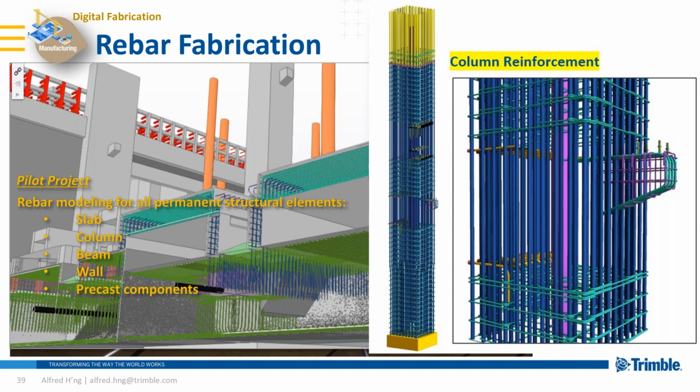But after about 6 to 9 months of the learning curve, the speed is almost the same between the two workflows. And if we know about programming, automation and customization, some tasks are even faster using the model. So in the next two slides, I will elaborate more on the Tekla Open API and automation. Next, please.